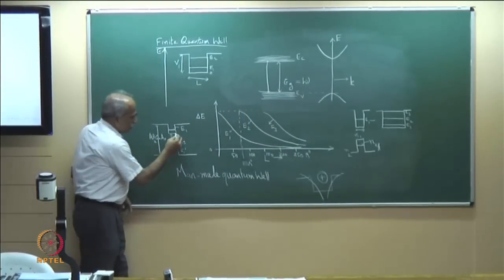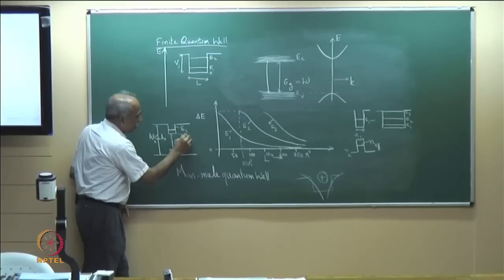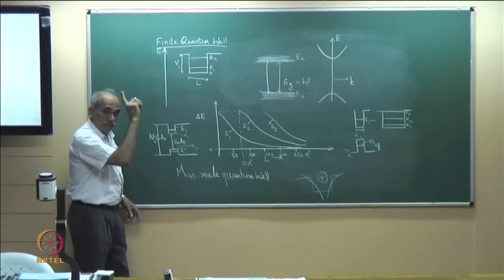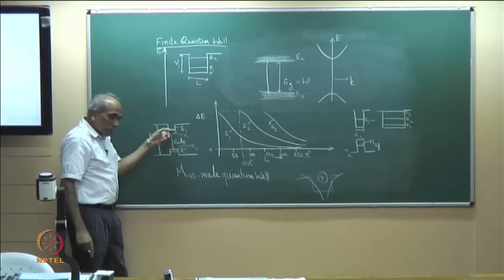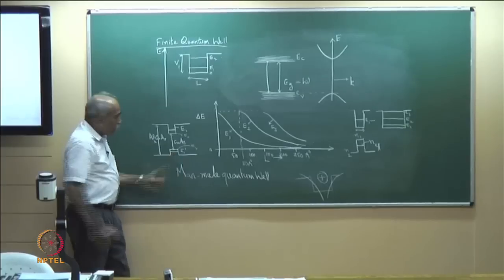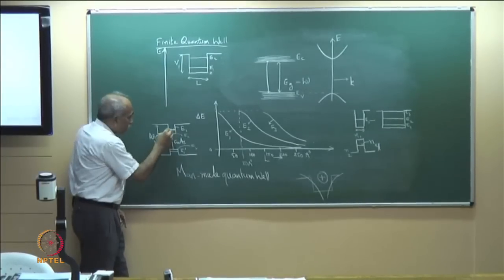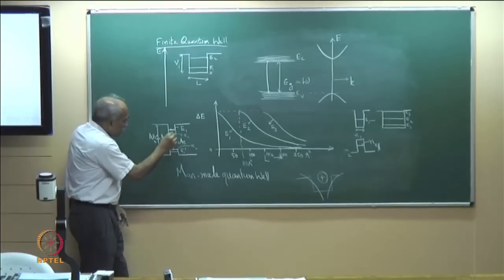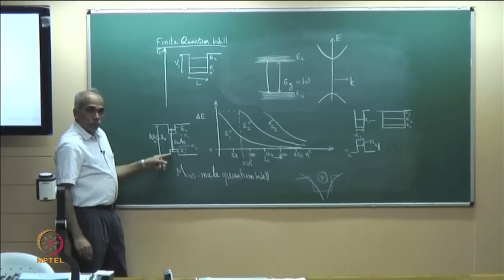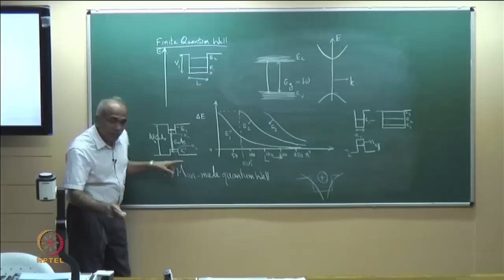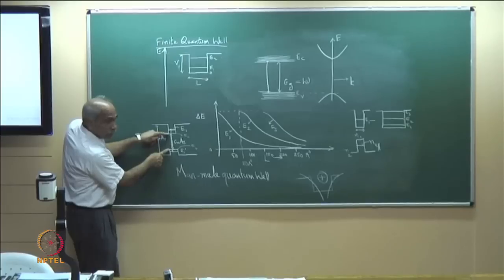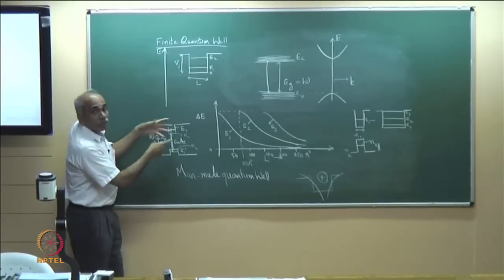Now this is EC of gallium arsenide and this is EV of gallium arsenide, bulk. But there is no state there. The first allowed electron state is here and the first allowed hole state is here, that is the lowest energy hole state. So the electron can occupy this state, and this can recombine with a hole which is sitting here, which means now effectively the band gap is this. It is not EC minus EV of the bulk, but this effective band gap.